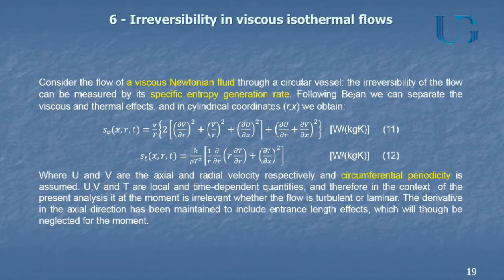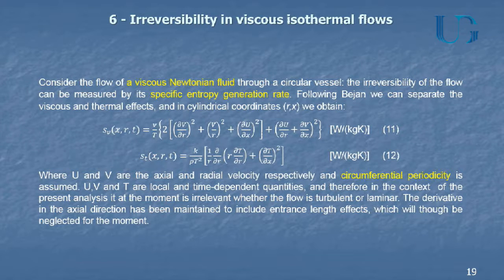And multiplied by nu and divided by T gives you the viscous entropy generation rate in watts per Kelvin. I first said watts per kilogram, but that is wrong. There is no kilogram here. And this is the thermal entropy generation, which is given by, remember yesterday there was a formula, k nabla T squared divided by T squared.